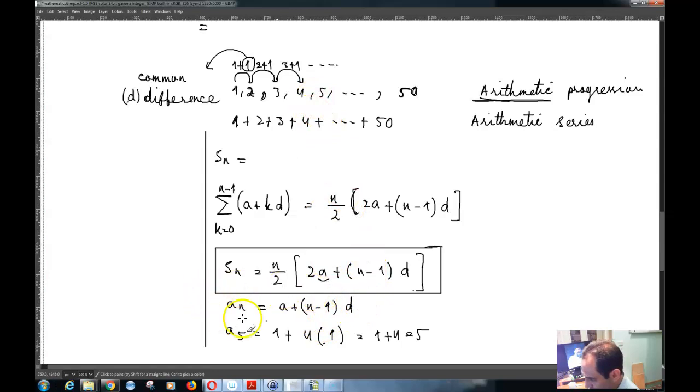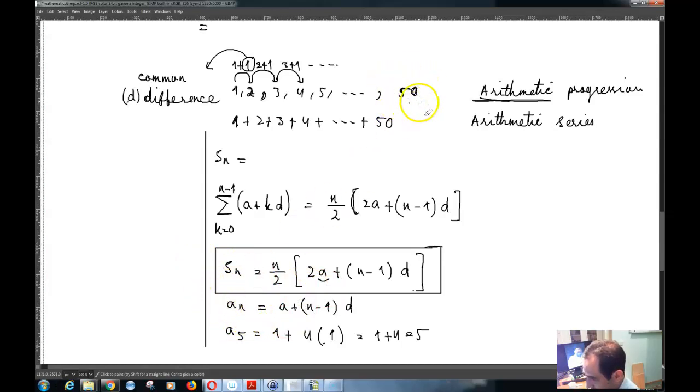I can use this formula in order to find out which term this is. This is the last term over here. So if I use this formula, a of n is equal to a plus n minus 1 times d, where a of n is the term that you're looking for.